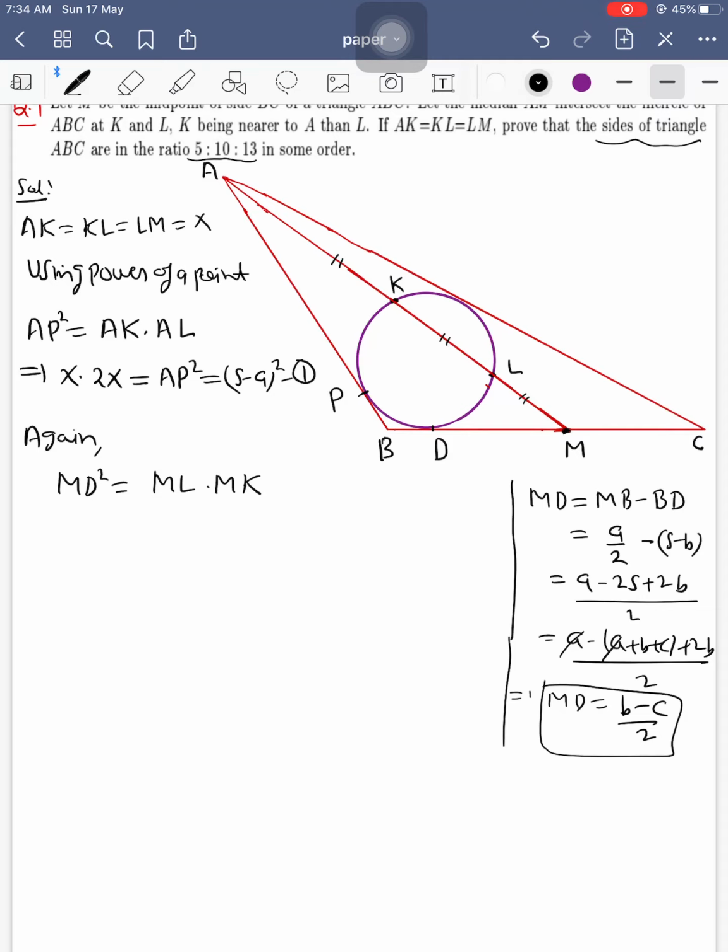Using this value here, (B minus C) whole square by 4 equals ML is X and MK is 2X, X into 2X. This is equation number 2.